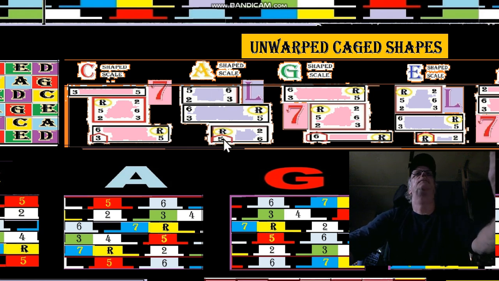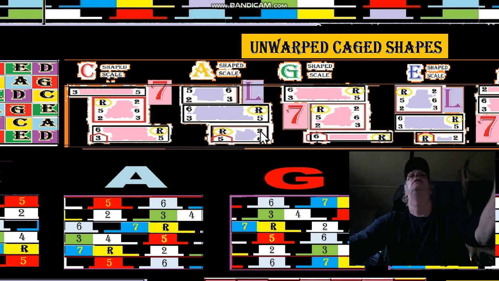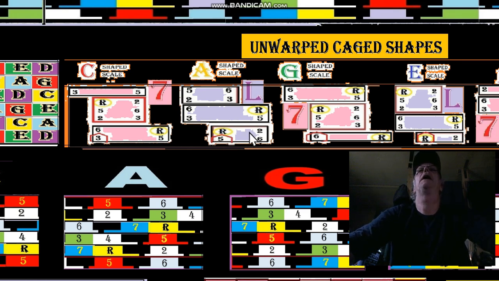So in the A, we could do the same. We were working in the E, and that was an E-shaped C. We can do an A-shaped C. An A-shaped C starts on 5. Okay, so it's the same thing. That's what the pattern is.